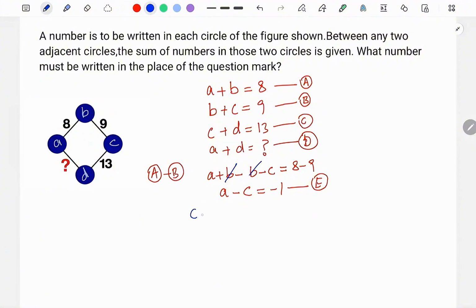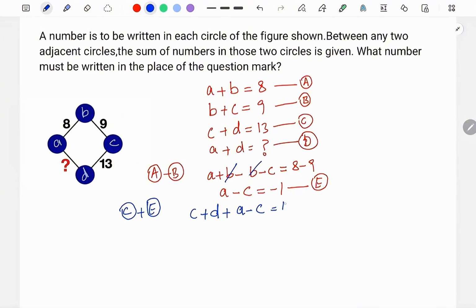Now, we are going to add these both equations. Equation C is c plus d is equal to 13. I will write the sum of the left hand sides of equations C and E on the left hand side, and the sum of the right hand sides on the right hand side. The right hand side of equation C is 13 and the right hand side of equation E is minus 1.